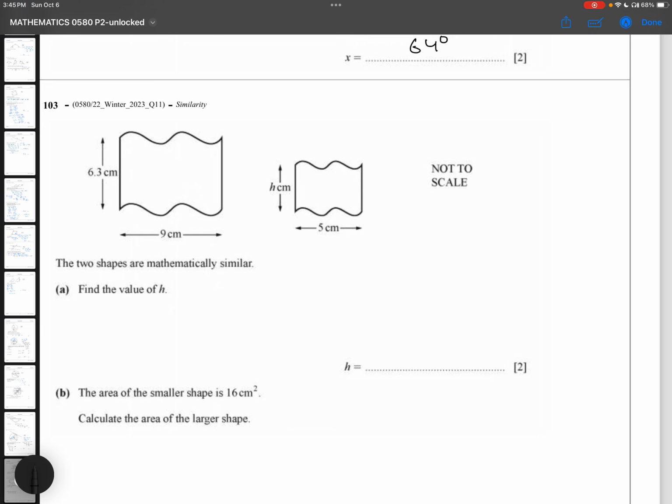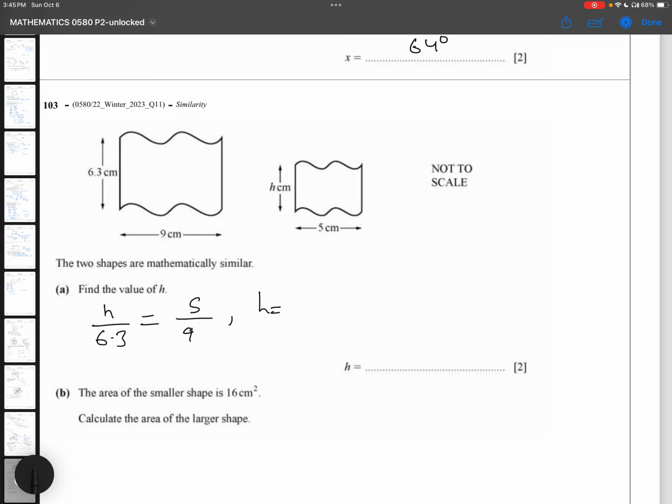So we will use the ratio formula between the similar figures. So now h is corresponding to 6.3, and it will be equal to 5, because this 5 centimeters is corresponding to 9.